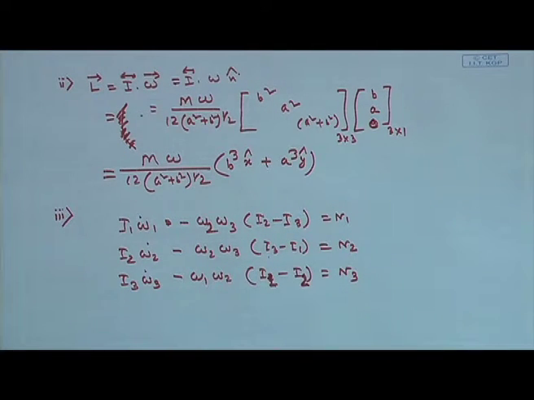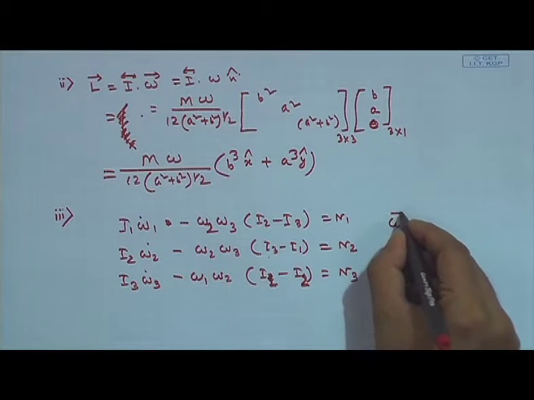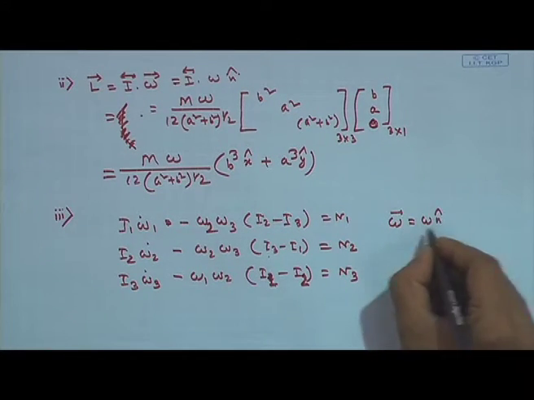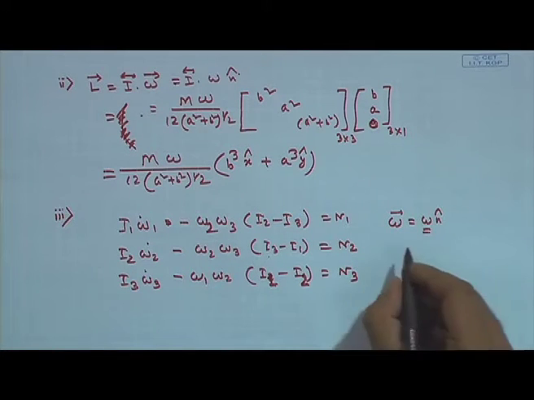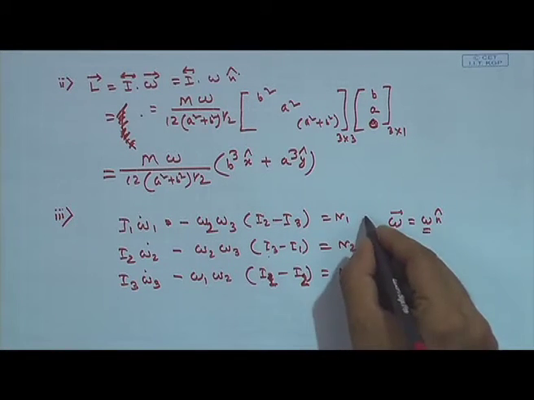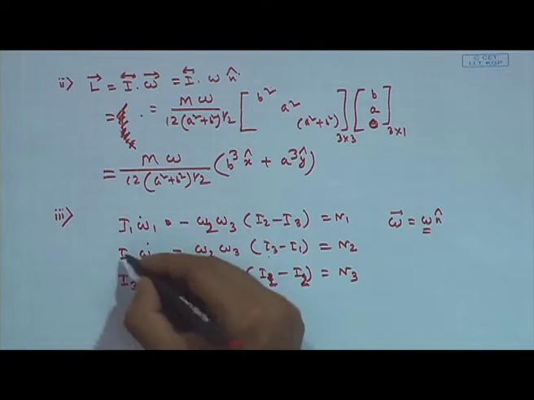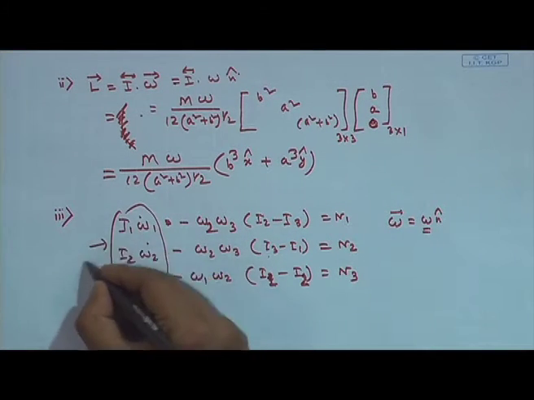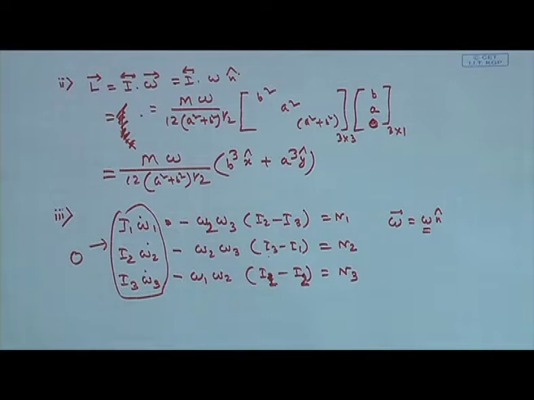Now it is a uniform rotation, so the rotation we have is omega equal to omega n cap, and omega is a constant. So if it is a uniform rotation, all these three terms immediately vanish. All these three are uniformly equal to 0 because omega is a uniform rotation.